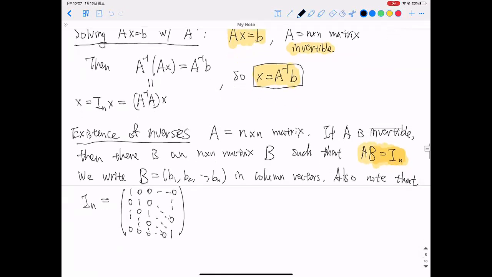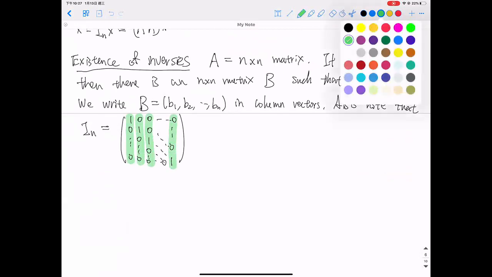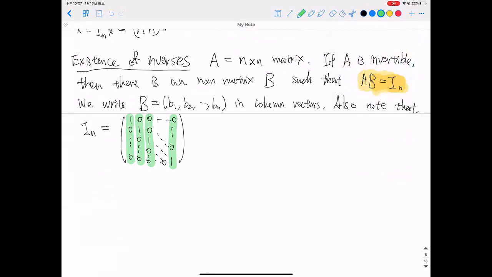Now, if you look at the columns of this identity matrix, you recognize them, because the first column is what we call E1, the unit vector E1.